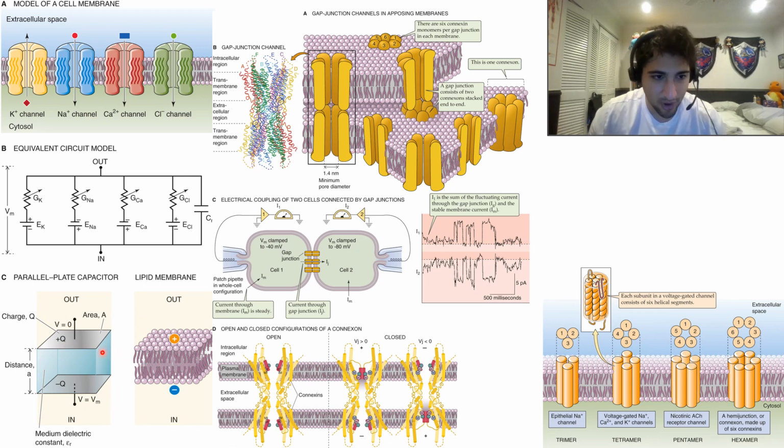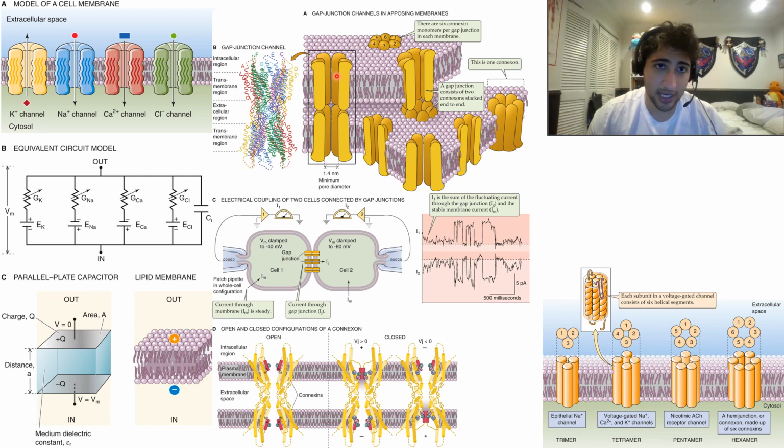The properties in between the two plates cause variation; it's the dielectric constant. The lipid membrane has that same configuration. You can think of it as two charged plates with charged particles on either side.